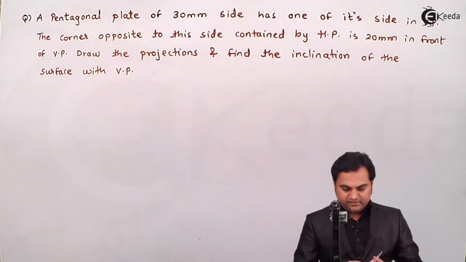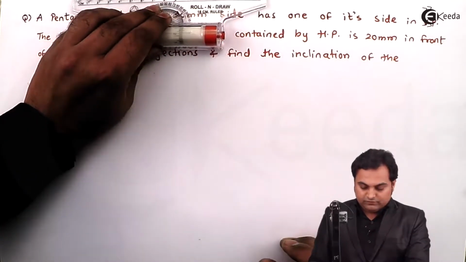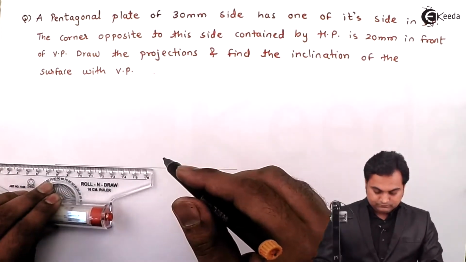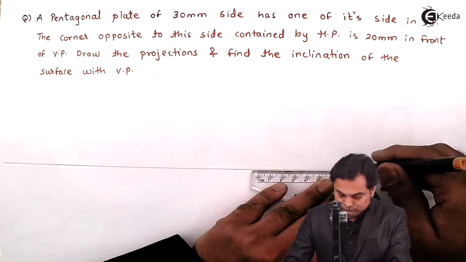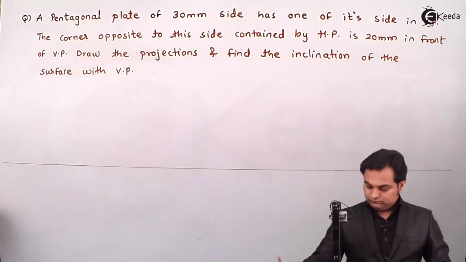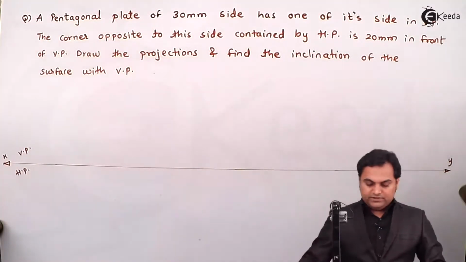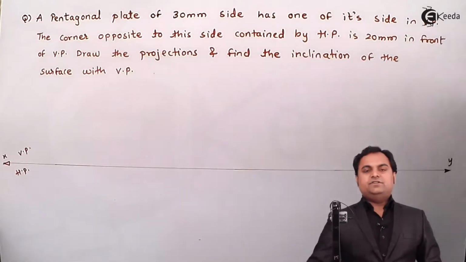Here I'll quickly explain the initial conditions. For that, here I'll draw an XY line. It is given pentagonal plate of 30 mm side has one of its sides in VP.